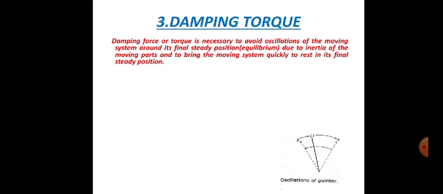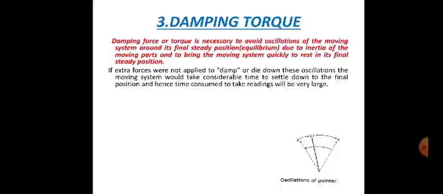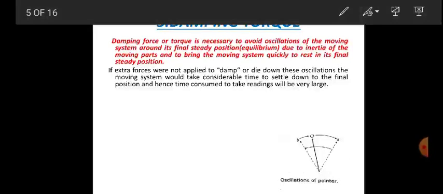Now, damping forces or damping torque provides these extra forces which bring the pointer to its steady state position without any oscillation very quickly. Now, what are the various methods of producing damping torque?